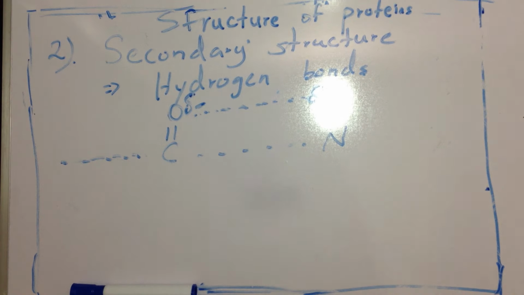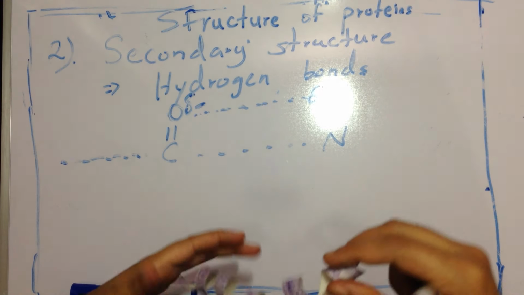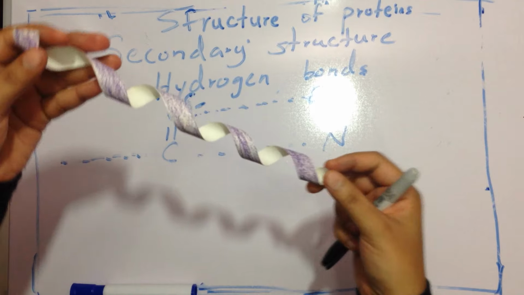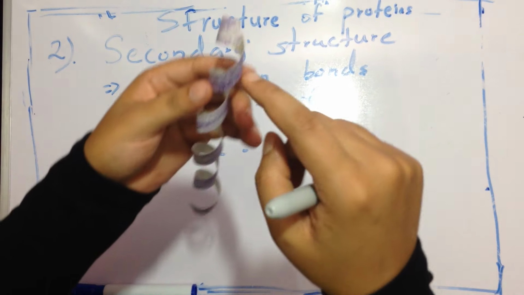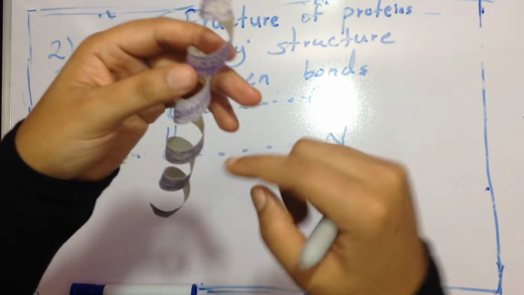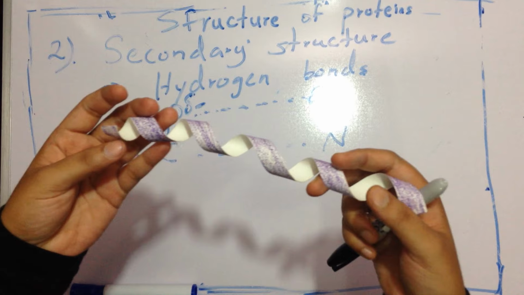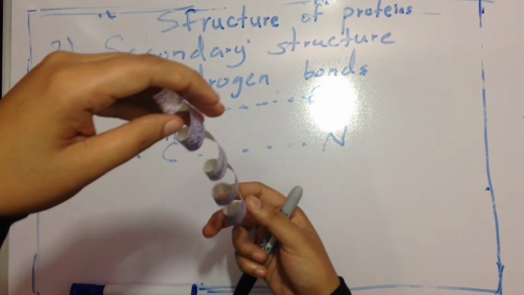So there are two types of secondary structure. The first one is the alpha helix. So this is a simple model of the alpha helix. There are hydrogen bonds between these. That's why it has formed an alpha helix structure.